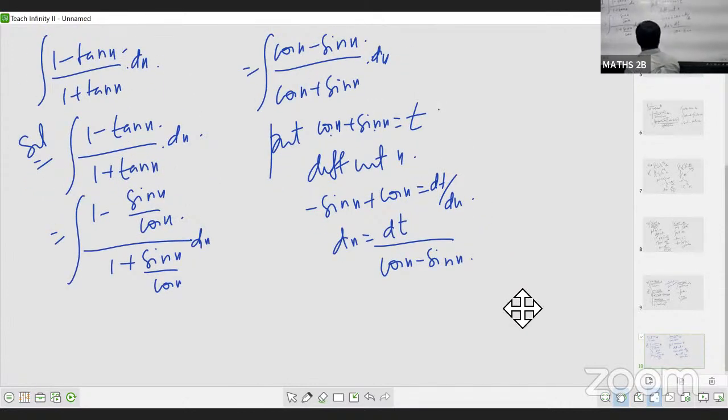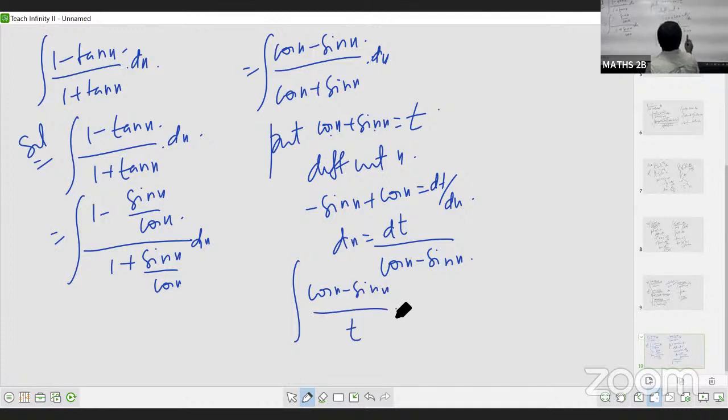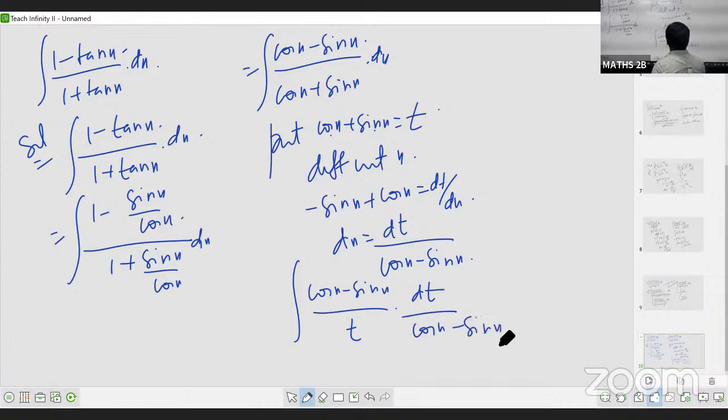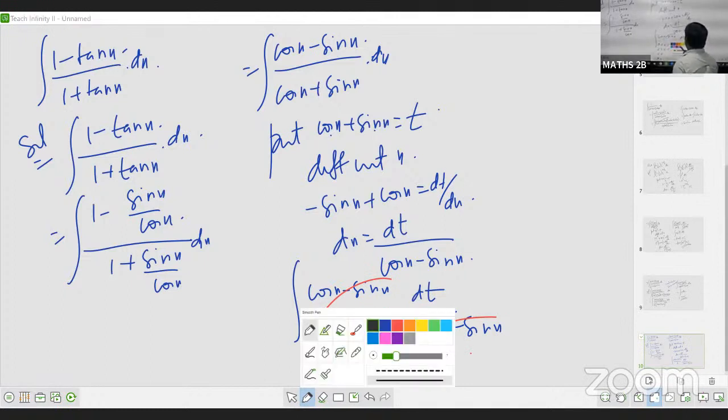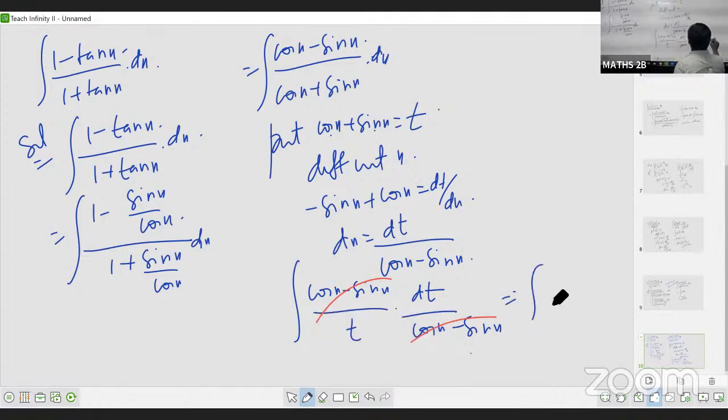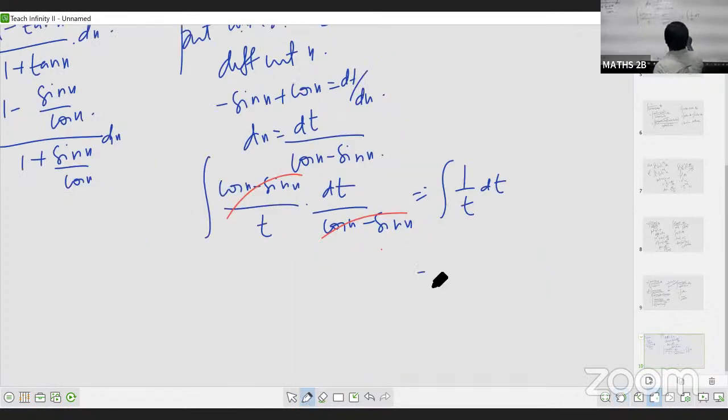That is the integration of t into dt by cos x minus sin x. Now this and this get cancelled. That is the integration of 1 by t dt, which is log t.